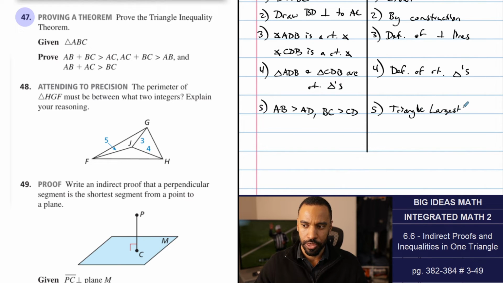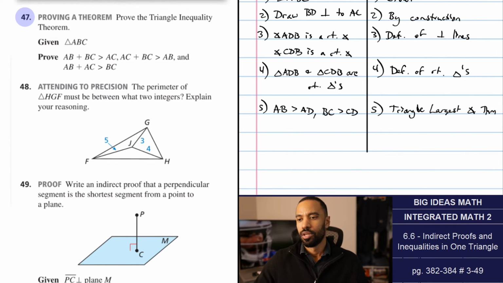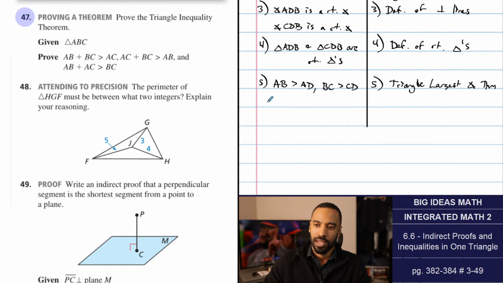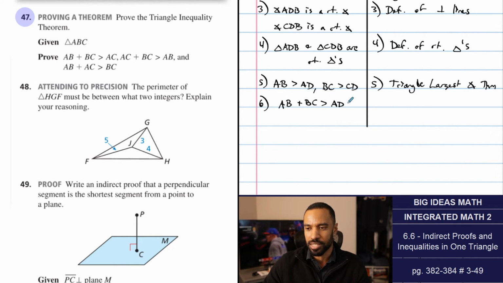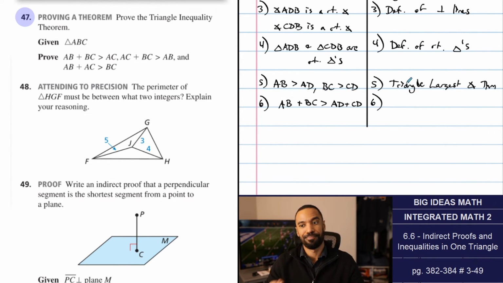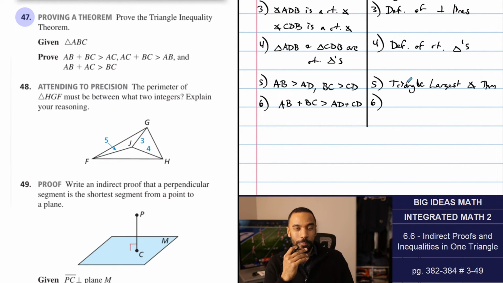Because we're using that theorem for this inequality theorem. Okay? So if those are larger there, then we could say that AB, I don't know how to use this reason. It just makes sense. But AB plus BC has to be larger than AD plus CD by the bigger sides theorem.